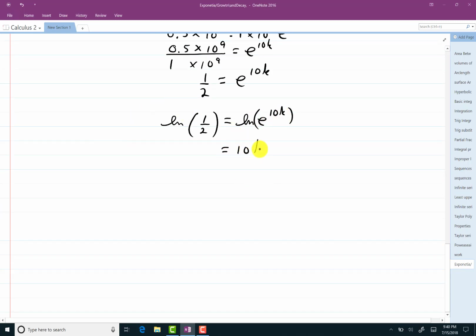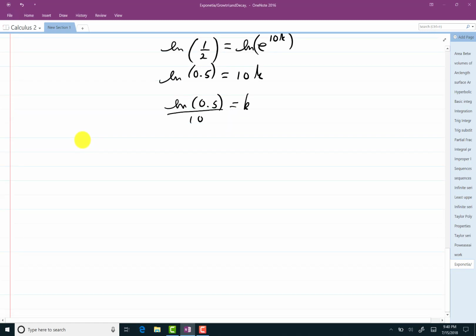And I get 10k equals the natural log of 0.5, because ultimately I'm going to a calculator anyways. Divide by 10. And you can even make it really short and sweet looking by simply writing 0.1 ln 0.5 equals k.